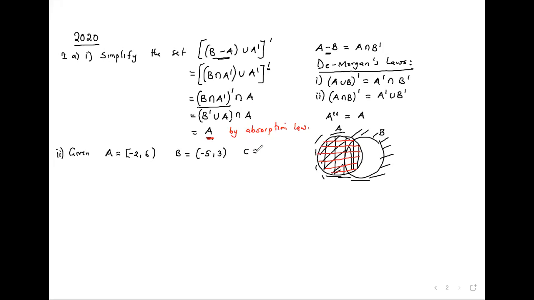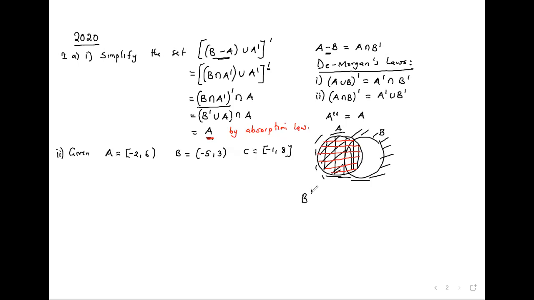Hello? I have a question. Please ask. Yeah, sir. As in for B complement union A, what if it was B complement intersection A? Would the answer still be A?